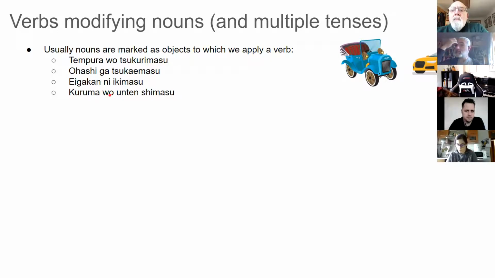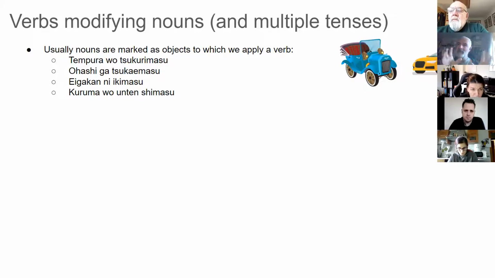If you just wanted to say, I will cook, then you actually have two choices here. You can either say ryori shimasu or ryori o shimasu. So when you have nothing else except I will cook or I will study, for example, benkyou shimasu, benkyou o shimasu, both of these are fine.